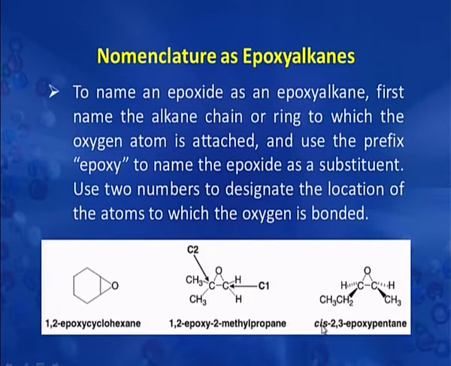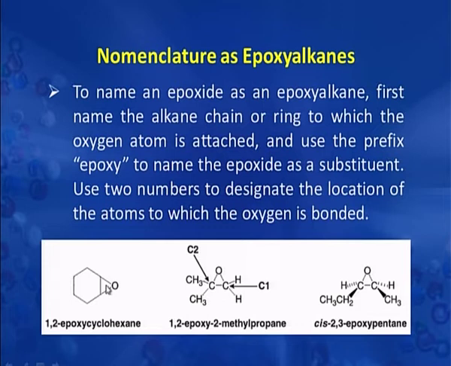If you recollect, cyclic molecules show cis and trans isomerism depending upon the substitution. If the substituents are on one side of the molecule, then they are called cis, and when the groups are on opposite sides, then they show trans isomerism. So, here this molecule is cis-2,3-epoxypentane.